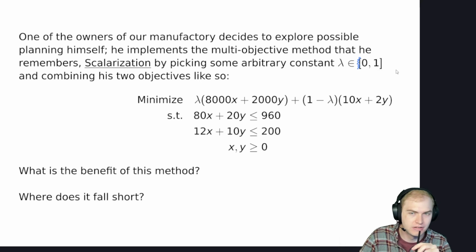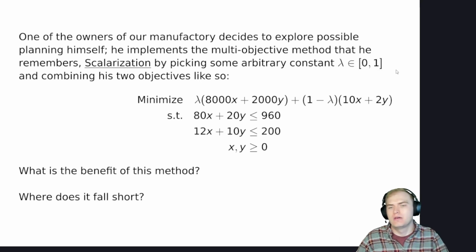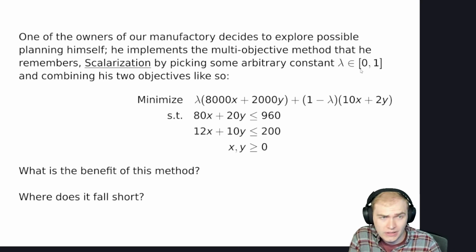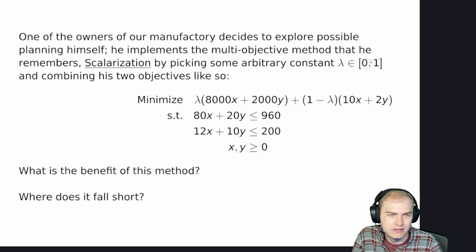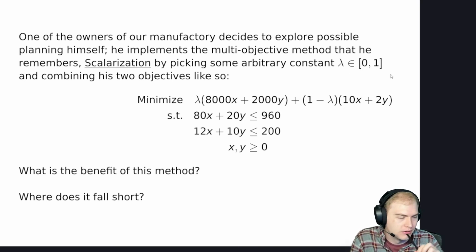It could be just a linear combination. The difference is that a linear combination is not bounded by 0 to 1. Lambda could be any number.